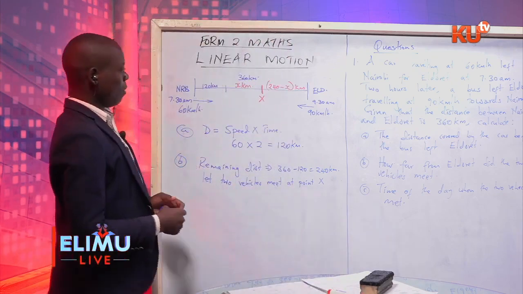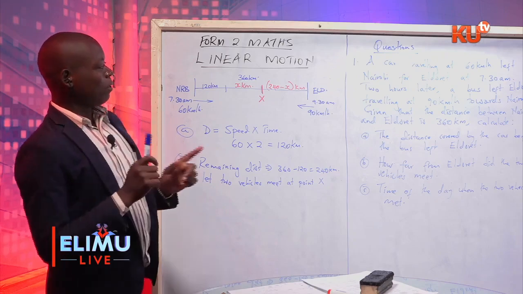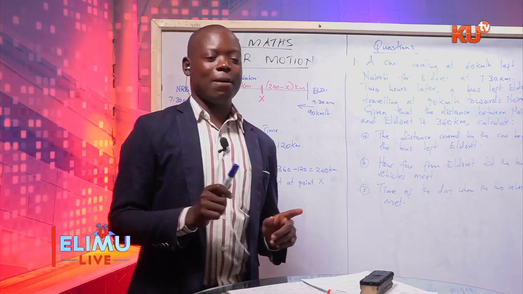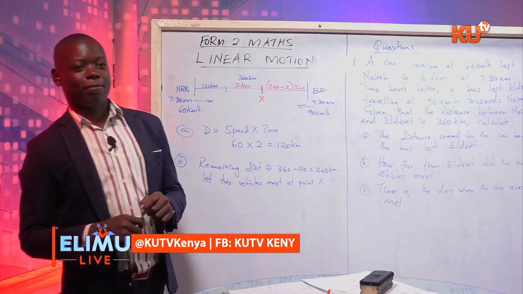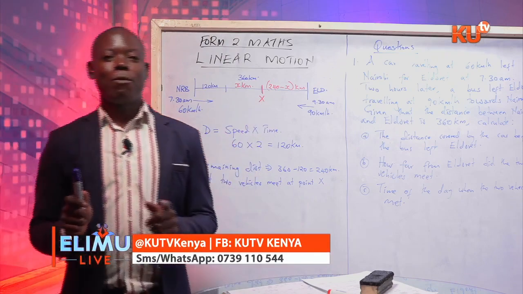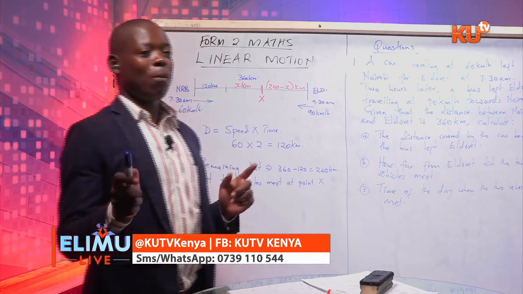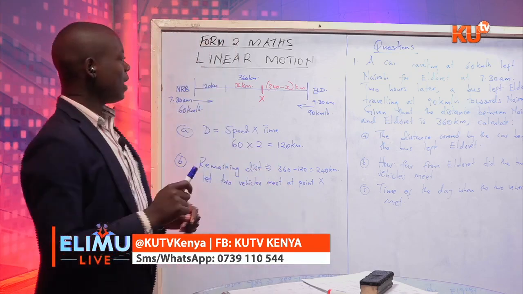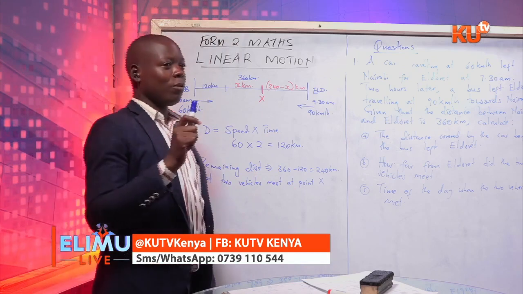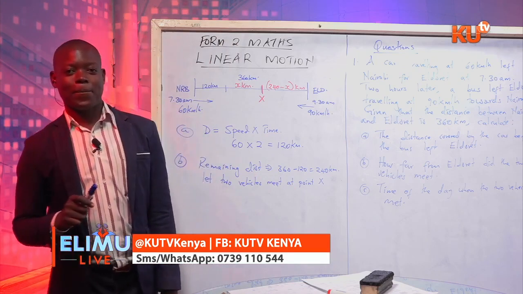The next thing: what must we let be the same for these two vehicles to meet at X? Whether two vehicles are moving in opposite directions or in the same direction, for them to meet at a common point, there has to be a unit that is the same.